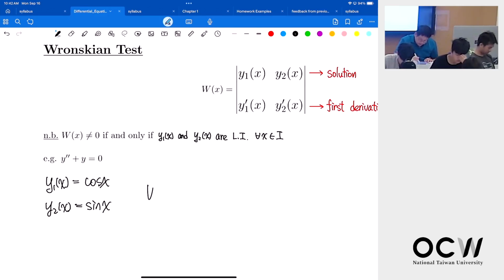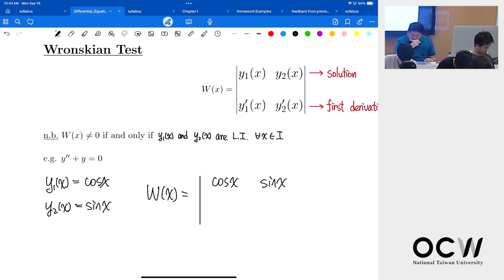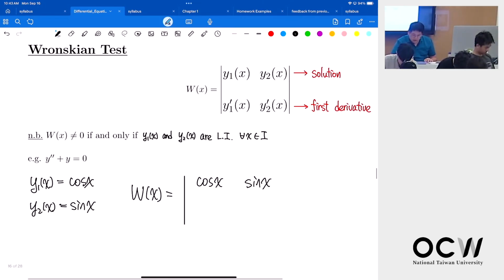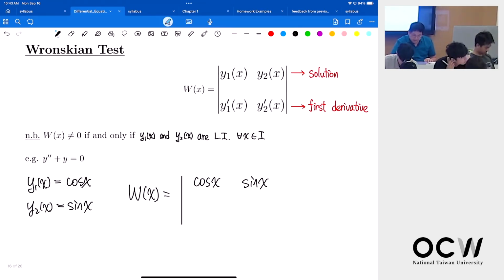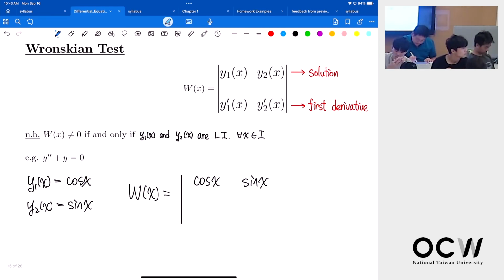And then here is our W. We have cosine x, sine x. Okay, y1 prime, we get minus sine x. y2 prime becomes cosine x.